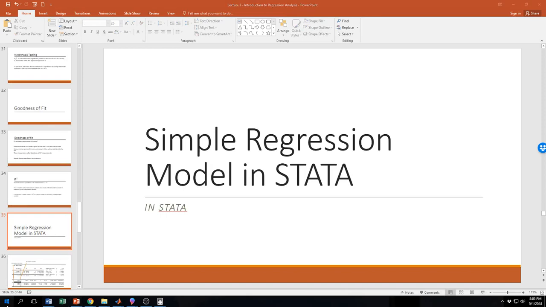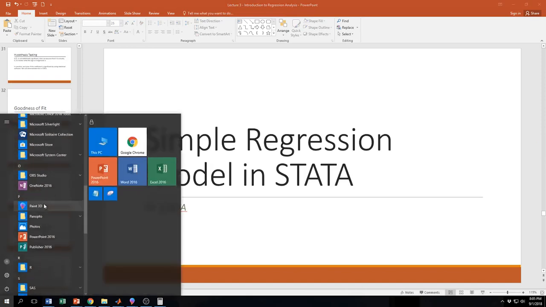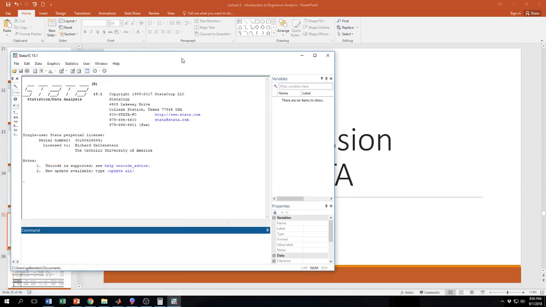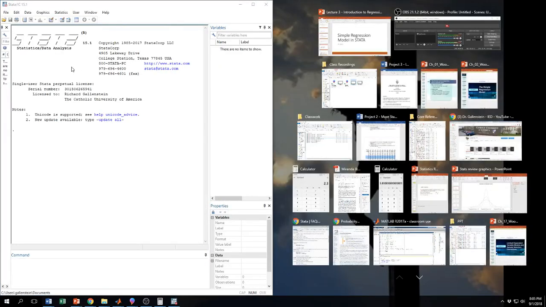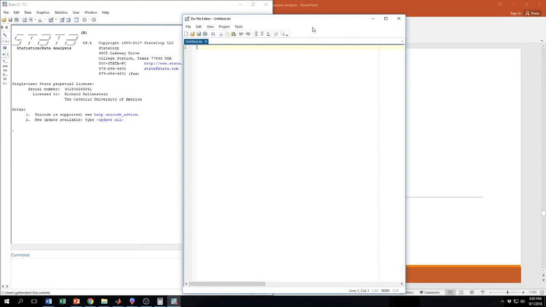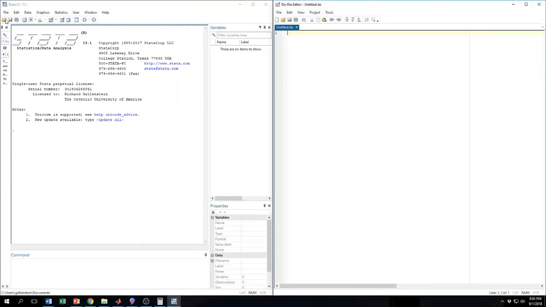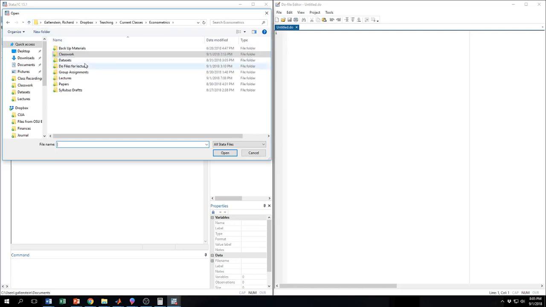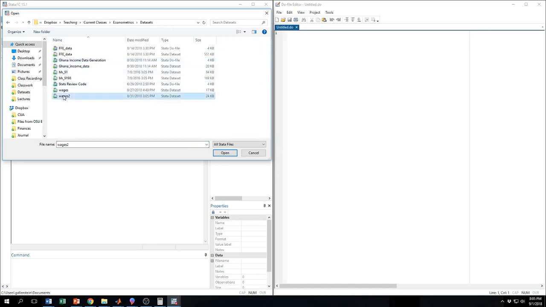All right. So I'm going to open up Stata. Here we go. And I'm going to open my do file, put that over here. I'm going to open up my data set. I'm going to use the wages data.